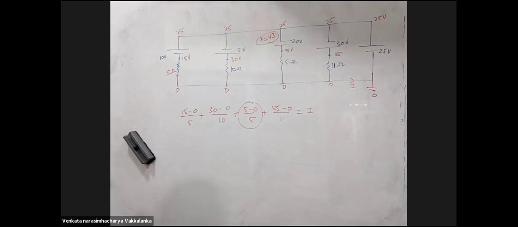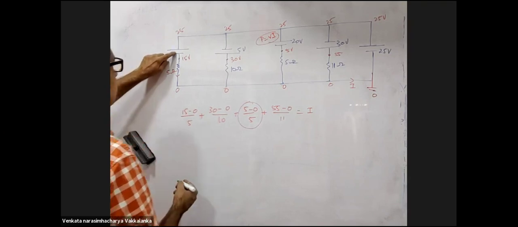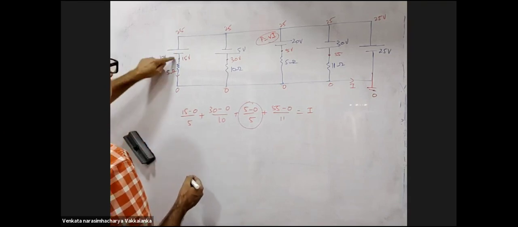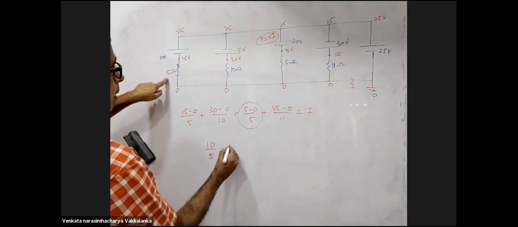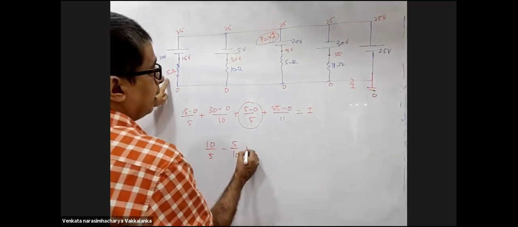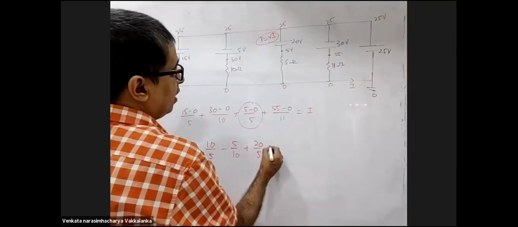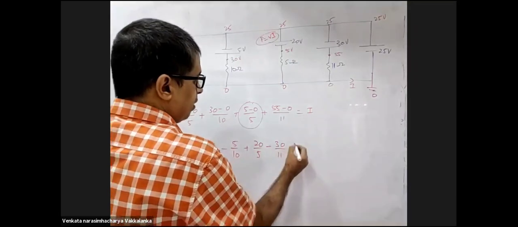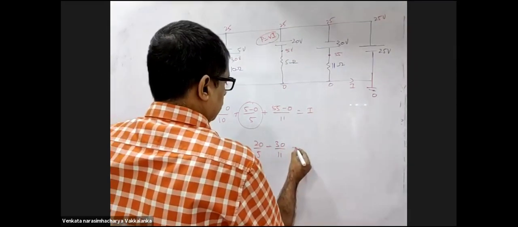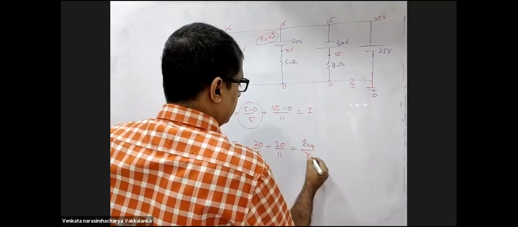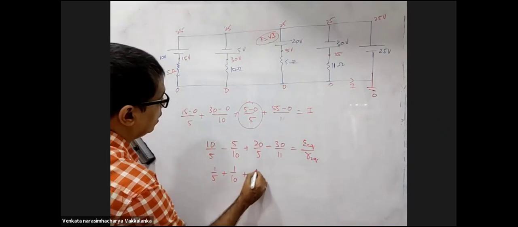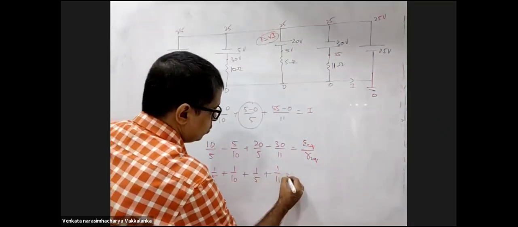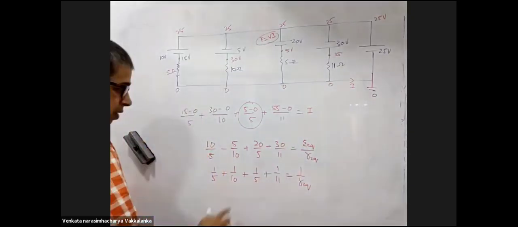Can you write the equivalent battery formula? Have a look at it. I'll take the upper plate to be positive. 10 by 5 minus 5 by 10 plus 20 by 5 minus 30 by 11 will be equal to E equivalent by R equivalent. 1 by 5 plus 1 by 10 plus 1 by 5 plus 1 by 11 is 1 by R equivalent.